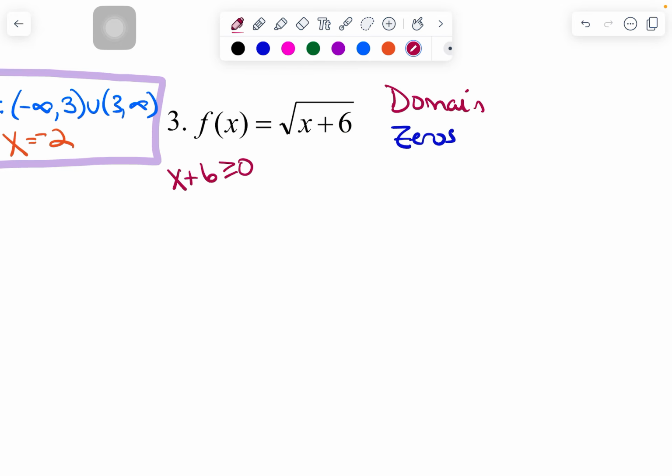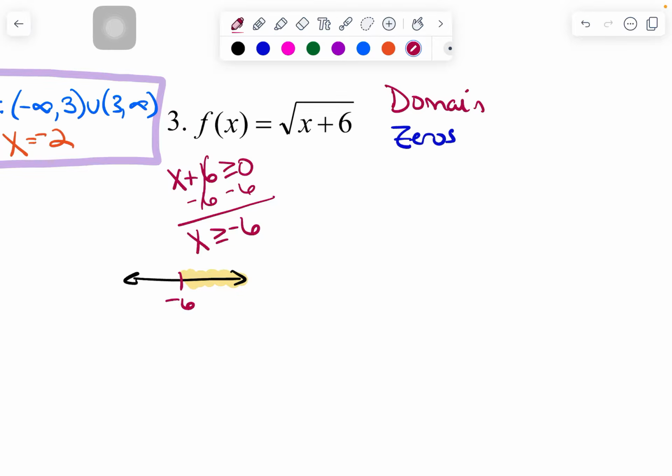So if we solve this now, we're going to subtract 6, make that go. So x is greater than or equal to negative 6 is our domain. Now, if you need to visualize that, and that's okay if you do, on a number line here, we're at negative 6. And what we would have is shading for everything that is greater than negative 6.